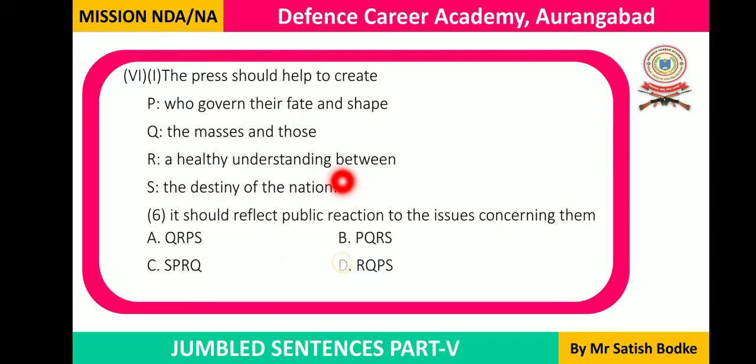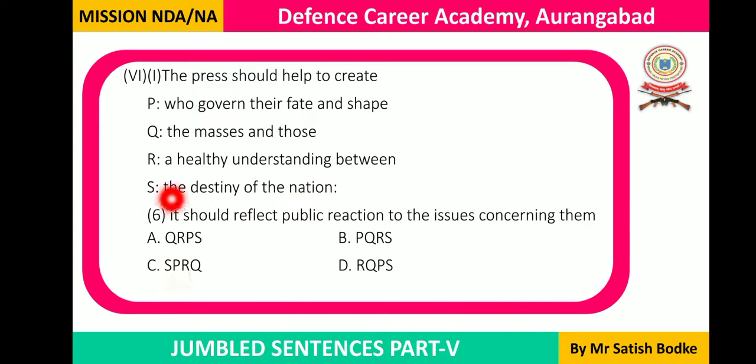A healthy understanding between the masses and those who govern their fate and shape the destiny of the nation. It should reflect, it is a different clause which is introduced with a colon, okay, which is introduced with a colon. So it should reflect a related part, okay, it should reflect public reaction to the issues concerning them.